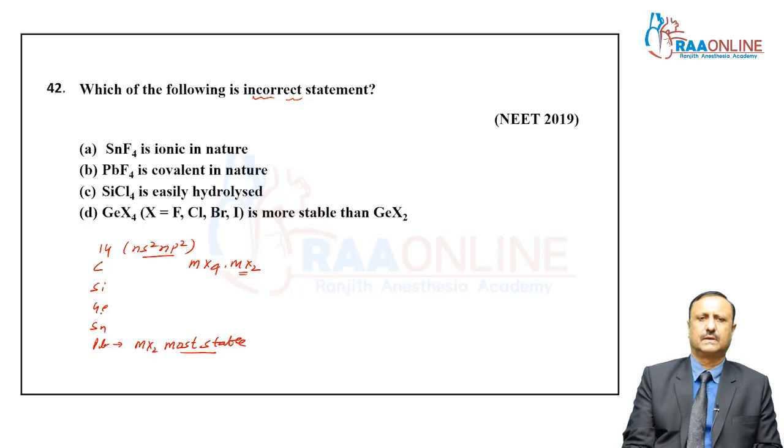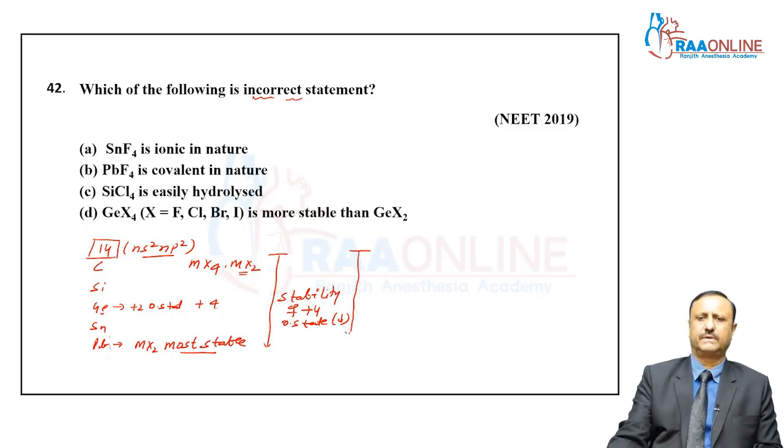So, my dear students, here germanium is also similar to lead. So, MX2 means the +2 oxidation state is more stable than +4. So, you can see that the stability of the +4 oxidation state decreases down the group. It means the stability of the +2 oxidation state increases.